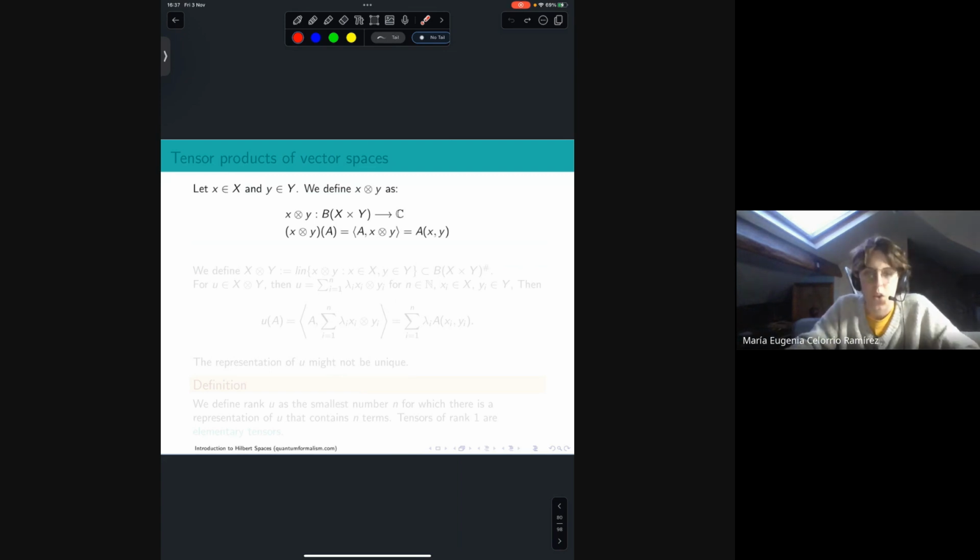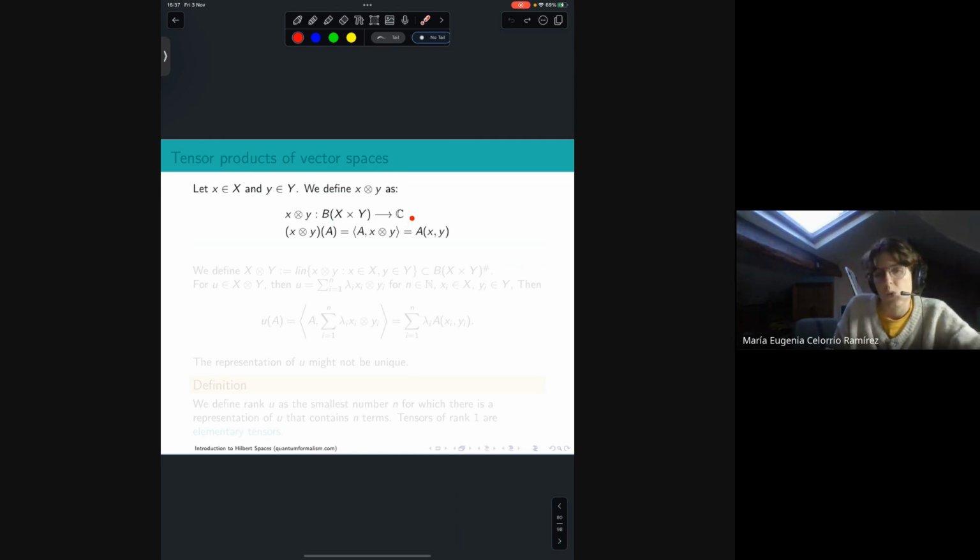Now, tensor products. How do we do this? First of all, we're going to define the basic tensor products, which is an operator that goes from the bilinear forms to the field, to the complex numbers. And how do we find the value when we apply it to a bilinear form?